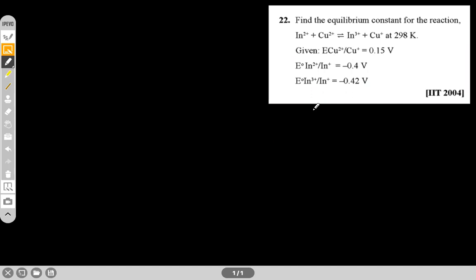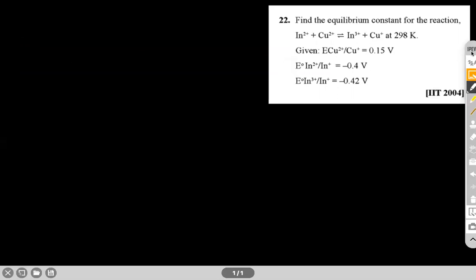So how do we do this question? First of all, you see the reaction given here and the reduction potentials, because all these are reduction potentials. For Cu2+, it's not standard, but it is a reduction potential.